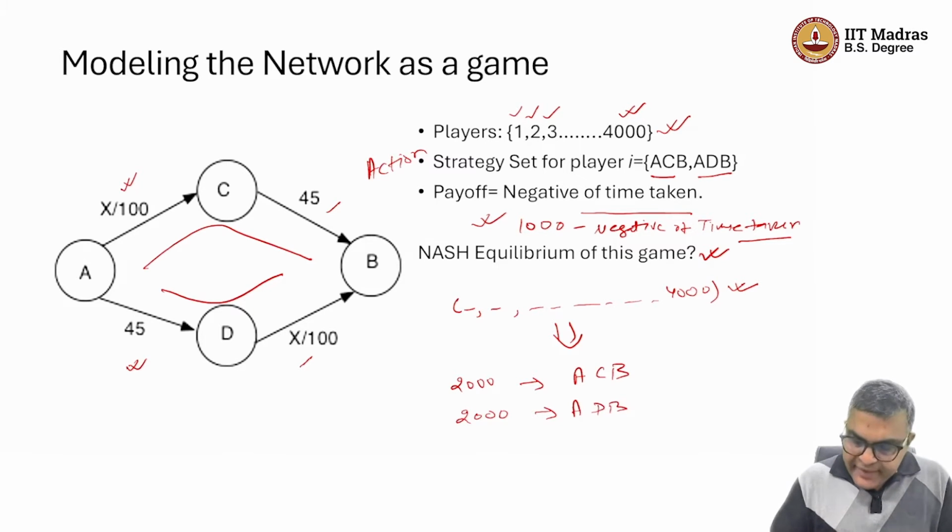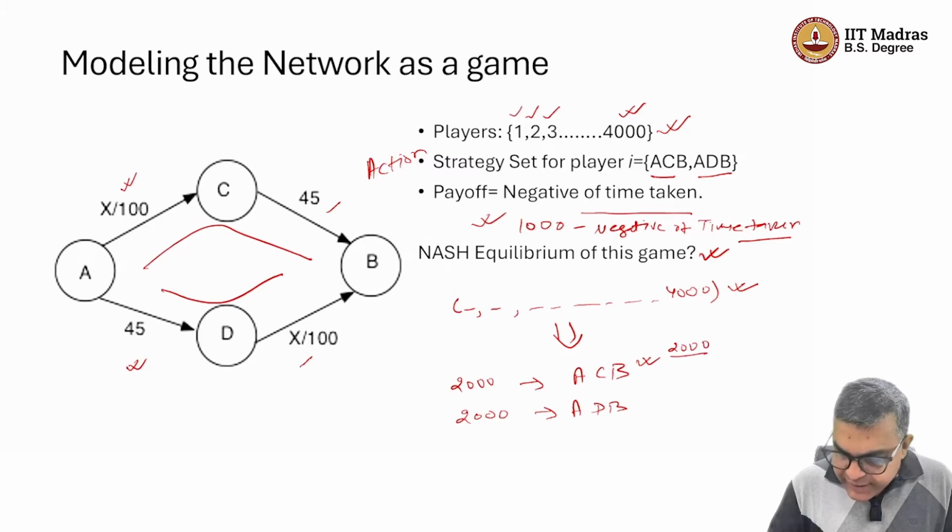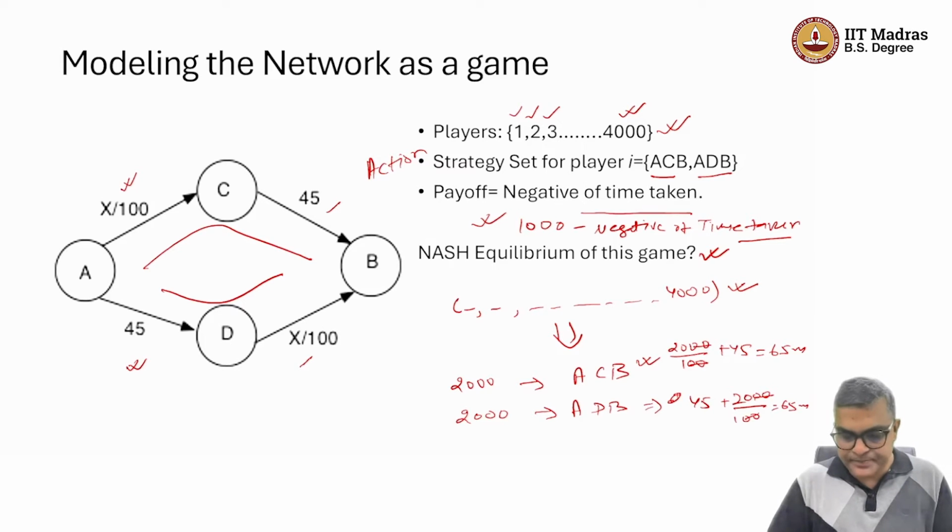What would be the time taken by these 2000 drivers? It's going to be X by 100. So 2000 by 100 plus 45, this is going to be 65 minutes. And here again 45 plus 2000 by 100, that is 65 minutes.